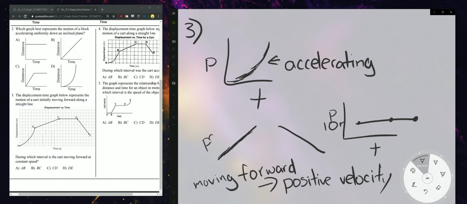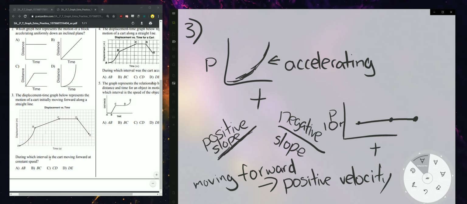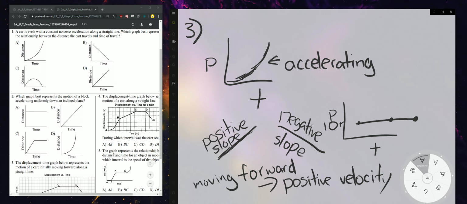This has a positive slope. You're going up. Positive slope. This one is a negative slope. And so the answer to question 3 is BC.